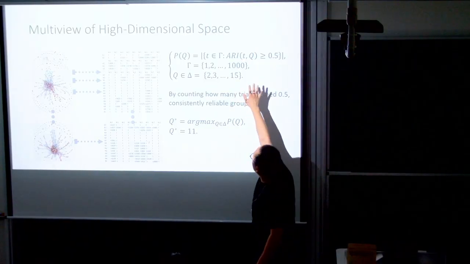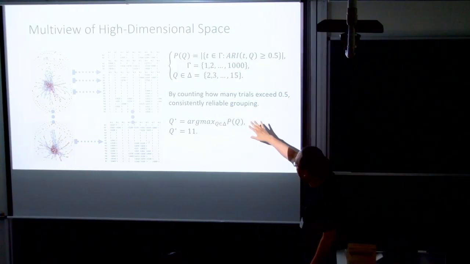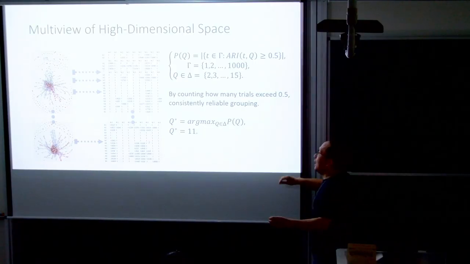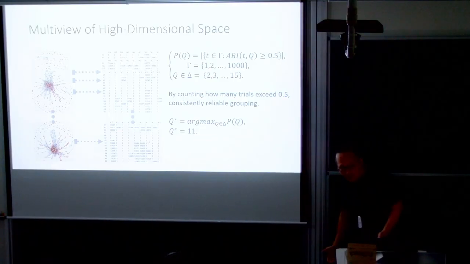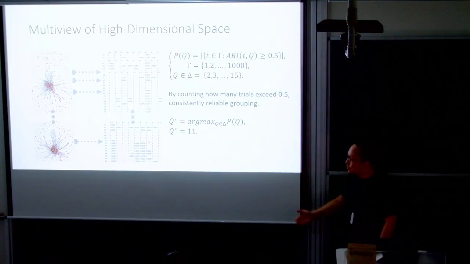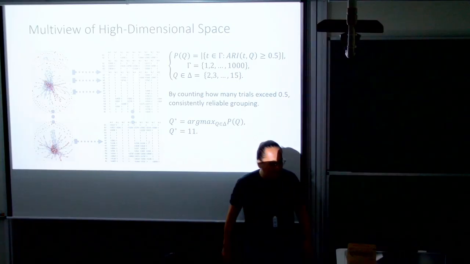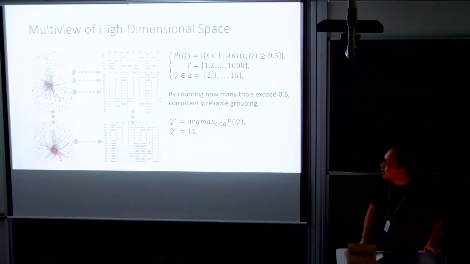We check the quality of the clustering by using the Rand index, which shows consistently reliable grouping, and if it is more than 0.5, it's really reliable. We check them all, and the maximum value is at 11. If we choose 11, we can select, I think, more than 980 matrices out of 1,000. So that was quite an optimal number we can choose.